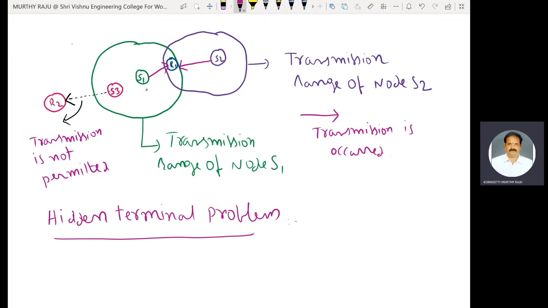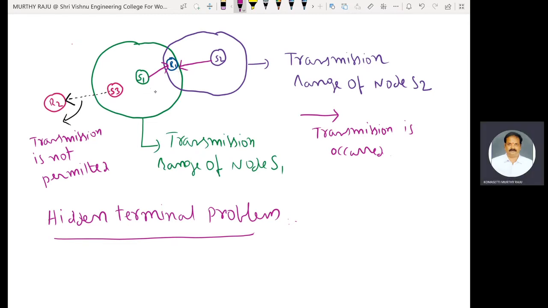S1 wants to send information to R1 and S2 also wants to send information to R1 simultaneously, because they don't know each other. Therefore, collision takes place at R1. That is called the hidden terminal problem.